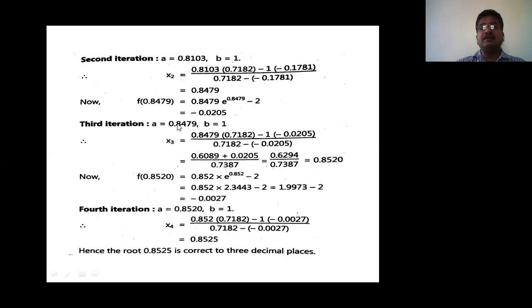Okay, and then again take A as 0.8479 and B equal to 1, and use the same formula, A f of B minus B f of A divided by f of B minus f of A, we get this answer. And again find the value of the function at 0.8527. The value is negative.